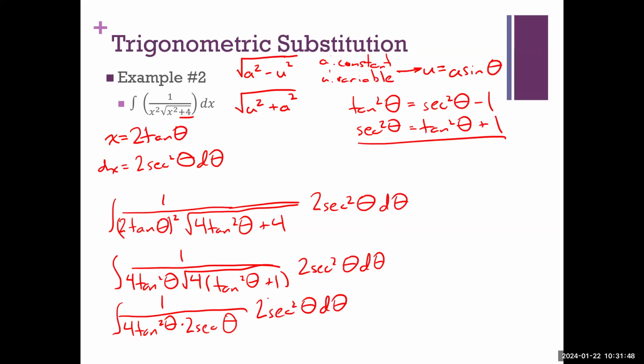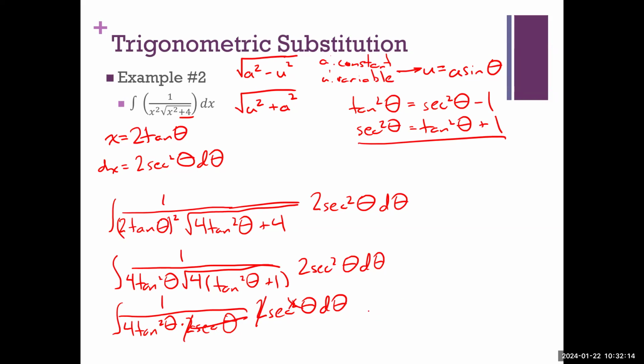All right, now what? There's probably lots of ways we could do it. What simplifies? 2, say, secant.